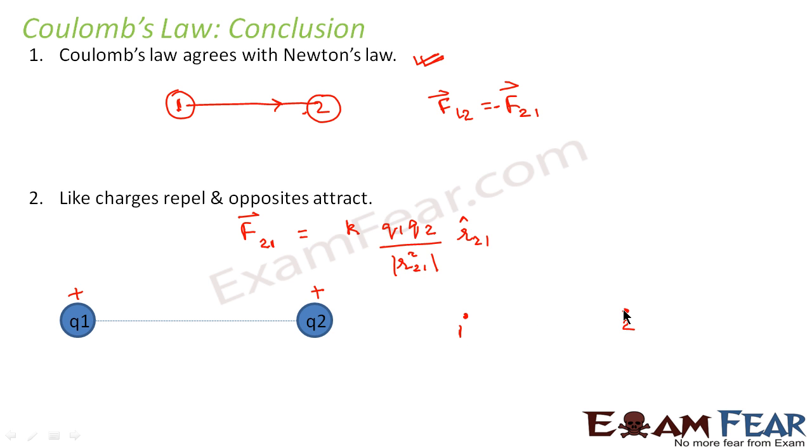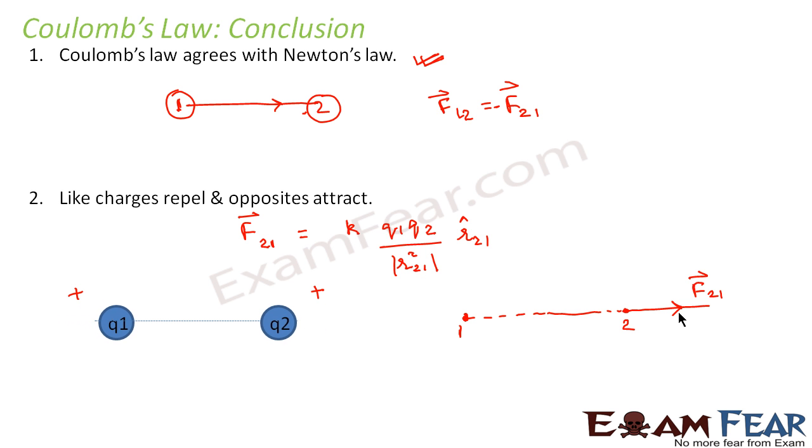Since both are positive, they will try to move away from each other. So the force will act along the line joining them, in this direction. Force on 2 due to 1 will be along this direction because 1 will try to push 2 away from itself, since both are positively charged, right?